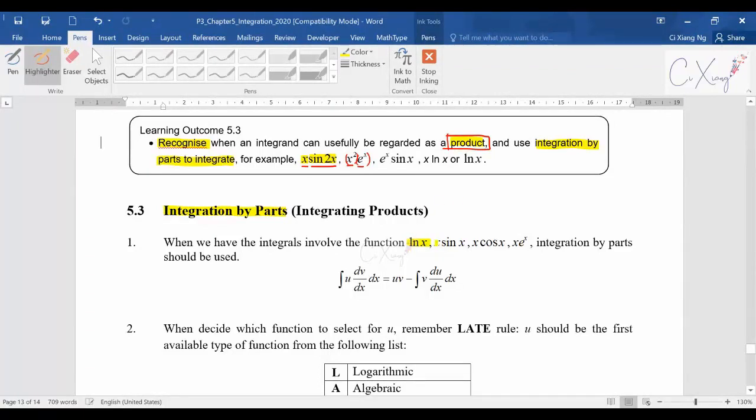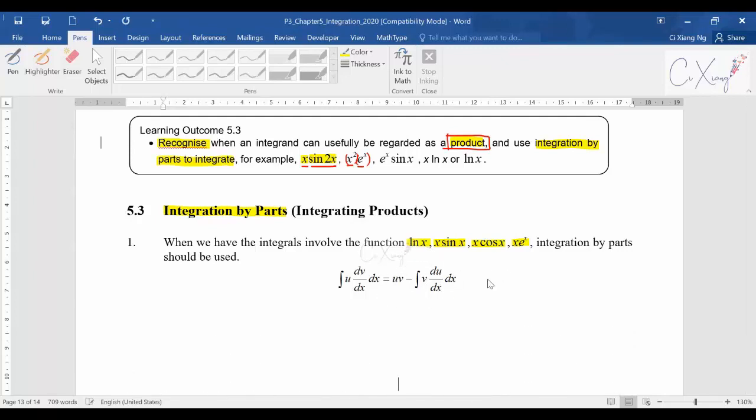And for this example, very obvious, you can see that it is a product: x multiplied with sine x, x multiplied with cos x, x multiplied with another function dx. All these are products. So when you want to integrate products, you have to use the technique which is integration by parts. Generally this is the formula that you need to use.